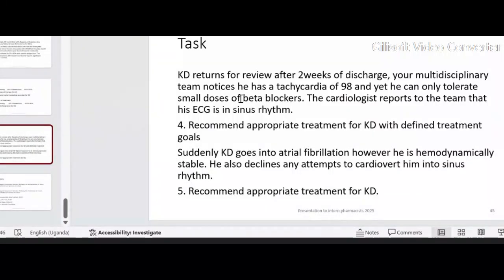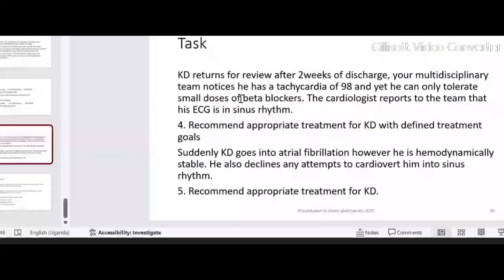I think when this is not tolerable, the best option would be ivabradine. Good. What's your name? This is Mwanga Umar, student. Good. Okay, ivabradine. What are the conditions for starting ivabradine?